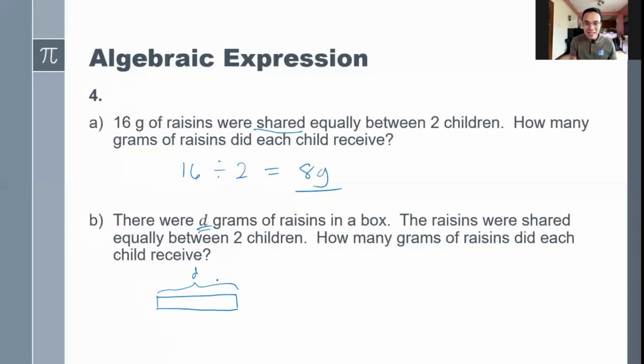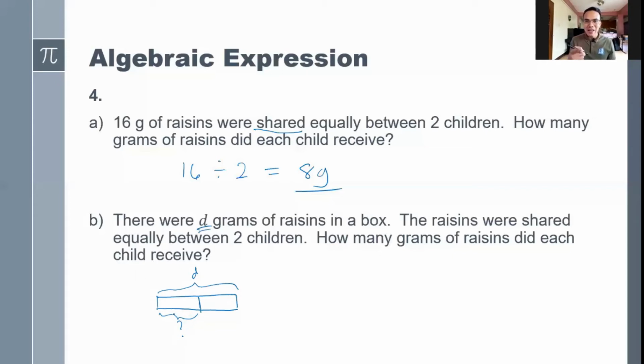And this whole bar is divided into 2 equal parts because there are 2 children. We have to divide D grams of raisins into 2. So we have to divide this one into 2 equal parts, and we want to know 1 part.